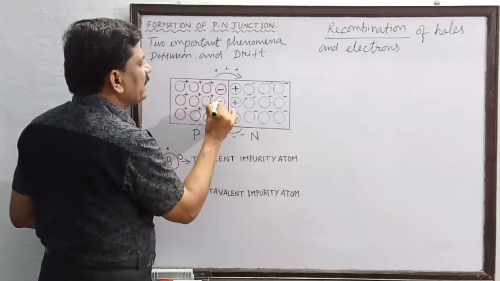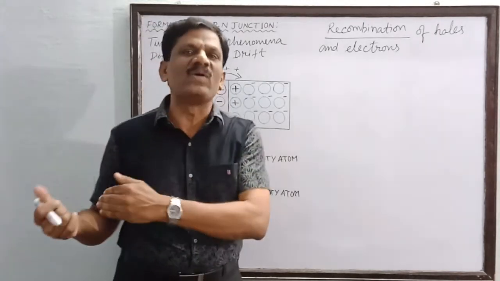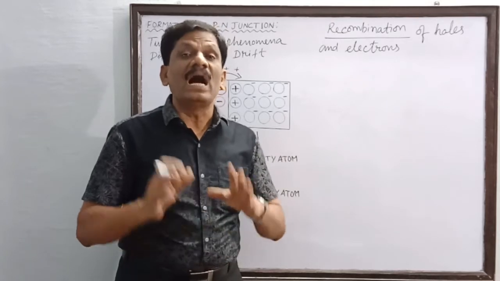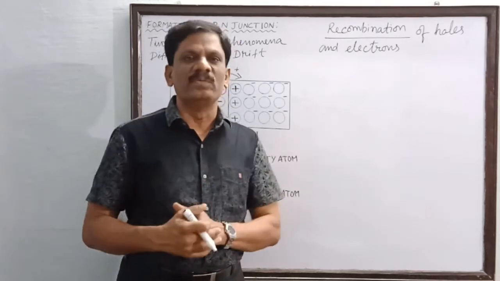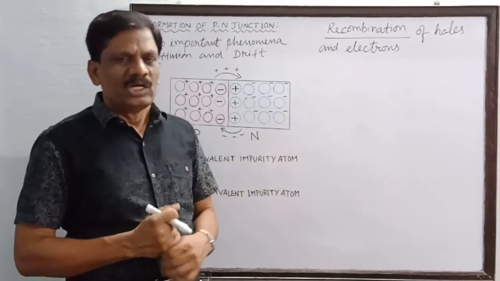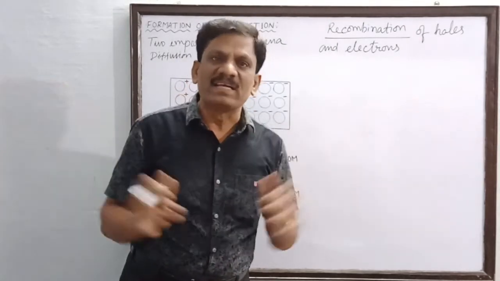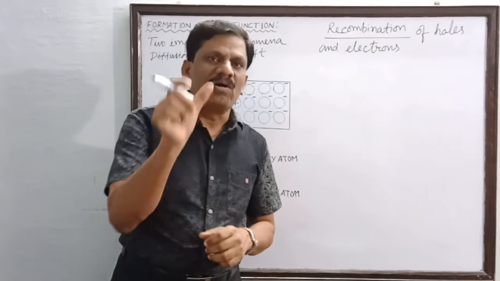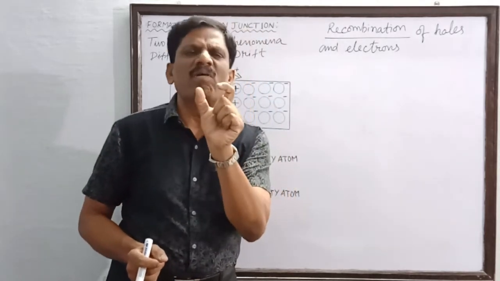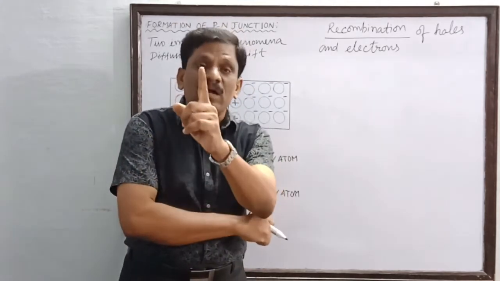Similarly, on the other side of the junction, these impurity atoms will accept 1 electron and become what? Acceptor impurity ions, which are negative. Understand, students? How long will this take place, to how much extent? This cannot take place throughout the length of the crystal. Because of the concentration gradient across the junction, it will happen only within a very small region of about 1/10 of a micrometer to 1 micrometer.